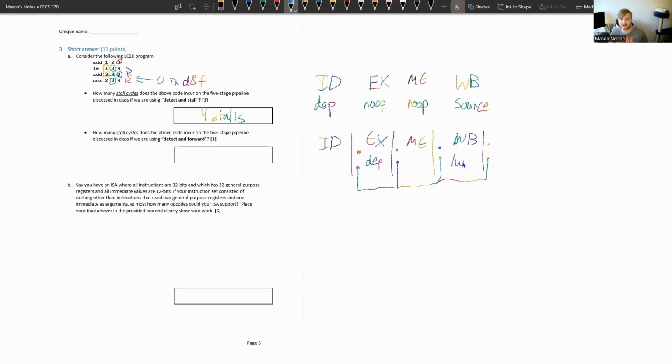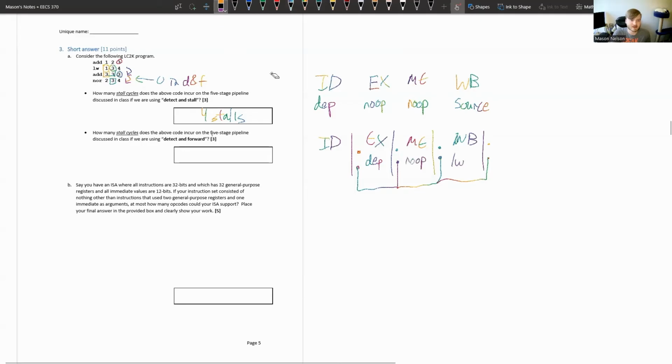So you have to wait until the LW is out of the mem stage, then you can grab it from this point right here. If our dependent instruction is in the execute stage, and we have to wait until the LW is in write back, in order to space them out we must insert a no op between them. So we'll have one stall for every LW followed immediately by a dependent instruction.